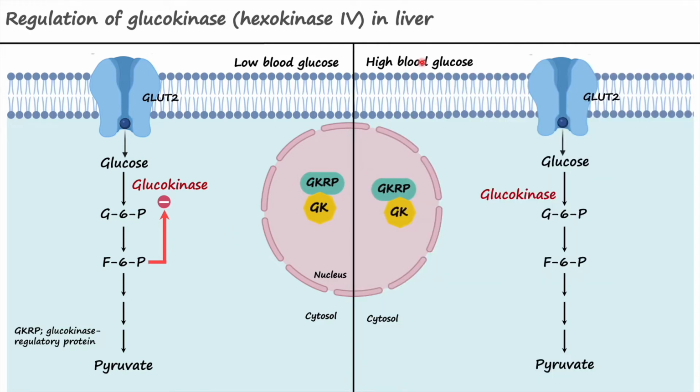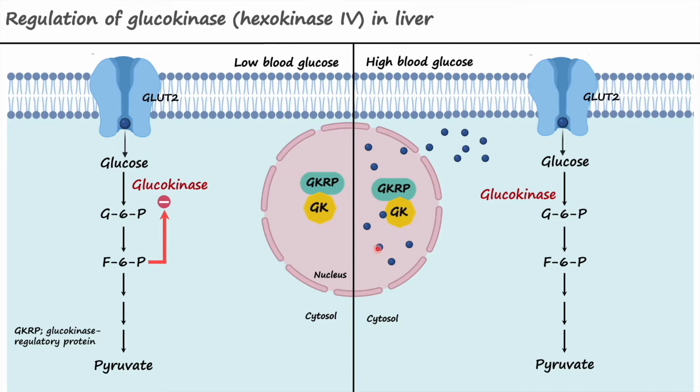On the other hand, in the presence of high blood glucose, for instance after having a carbohydrate-rich diet, glucose enters into the cell through the GLUT transporter. As a result, glucose concentration in the cytosol increases, and the higher glucose concentration in the cytosol equilibrates with glucose in the nucleus by transporting through the nuclear pores.